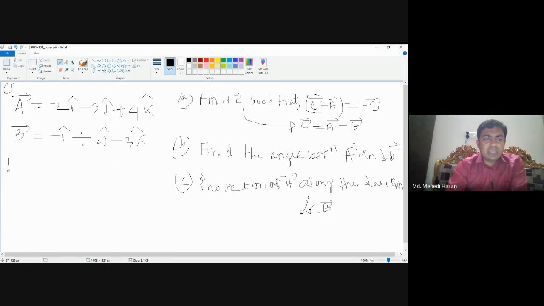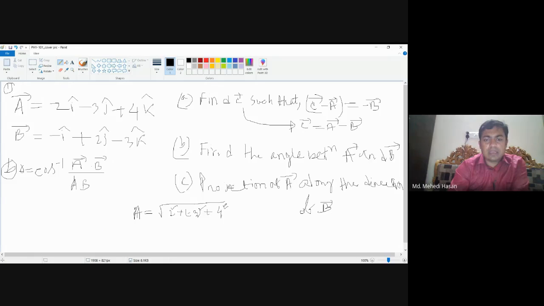So in case of b, we can use theta equal to cos inverse of a dot b divided by ab. So the magnitudes of a and b, you can easily calculate. The magnitude of this vector a equal to root over 2 square plus minus 3 square plus 4 square.